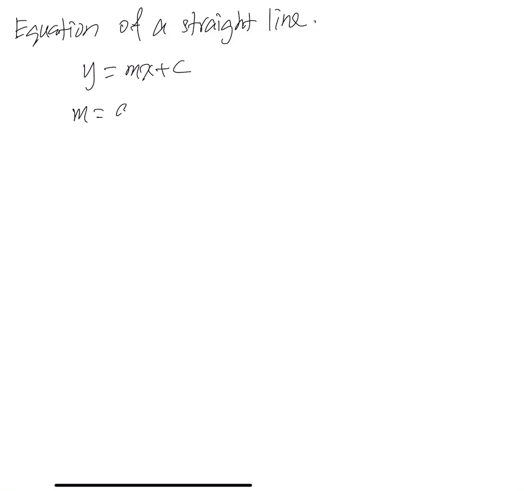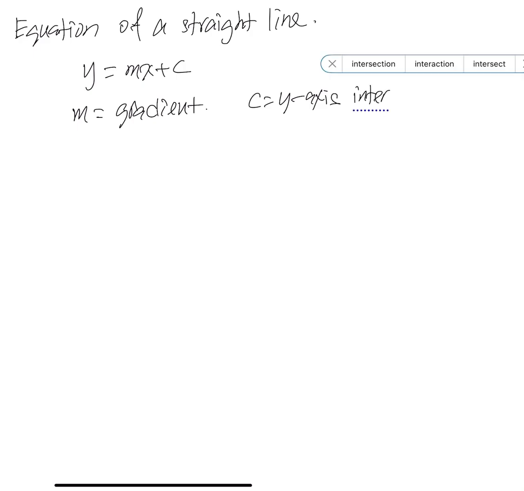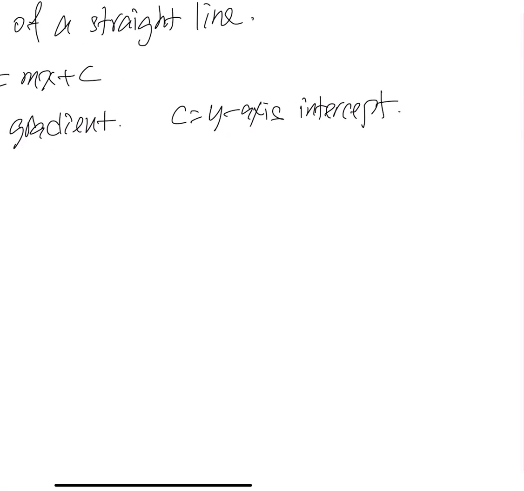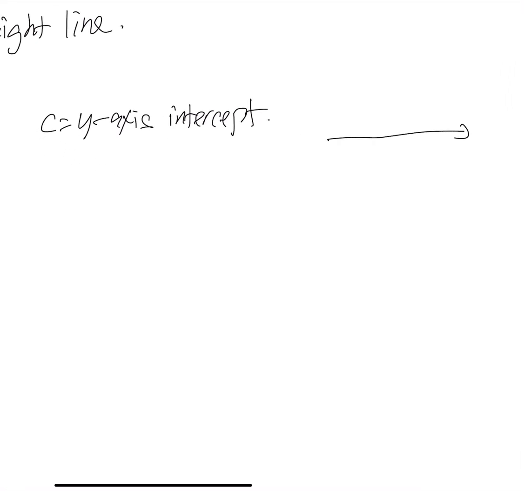So m is our gradient, right? And c is the y-axis intercept. So if you draw it out, this will be my c, and I can use the gradient formula that we have to find the gradient.